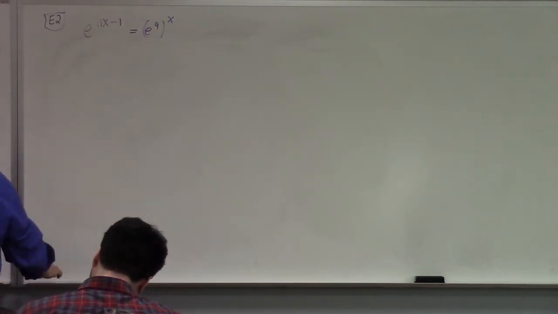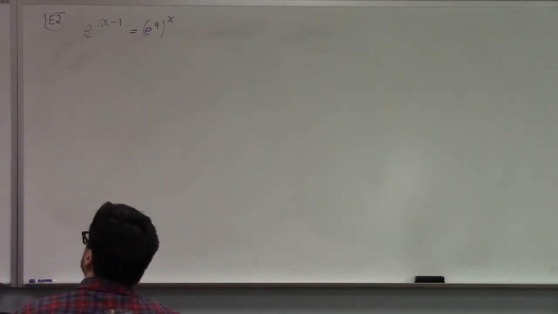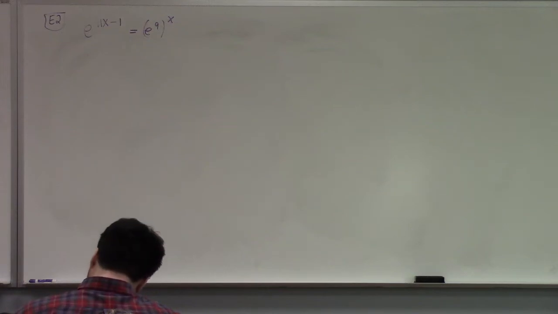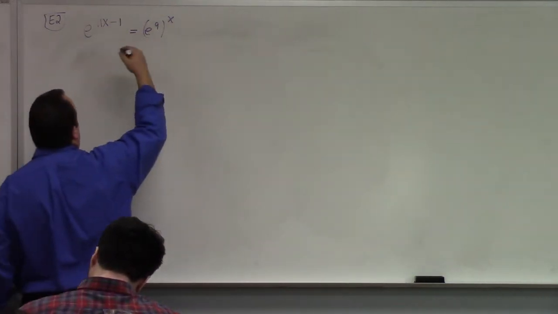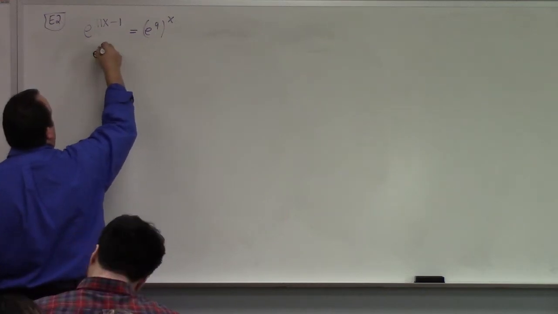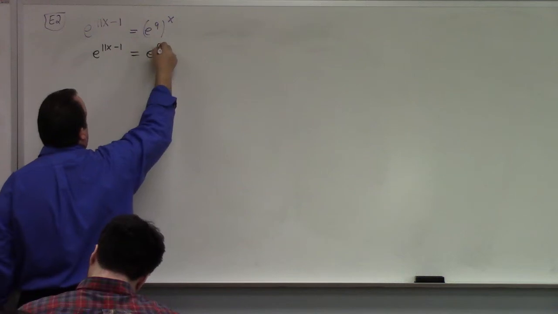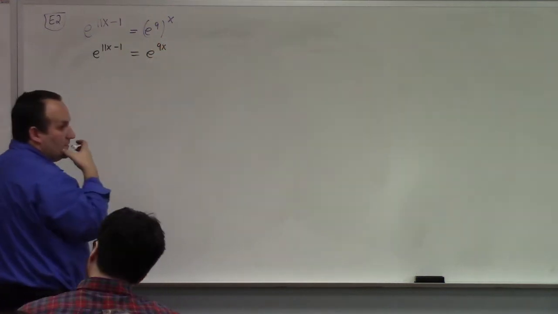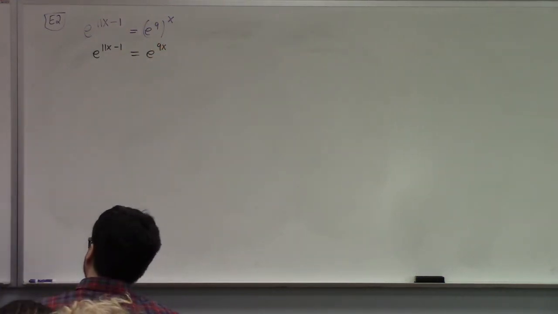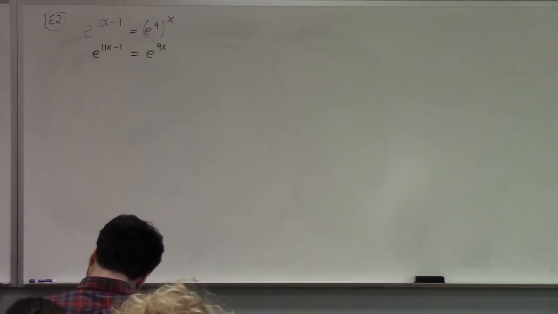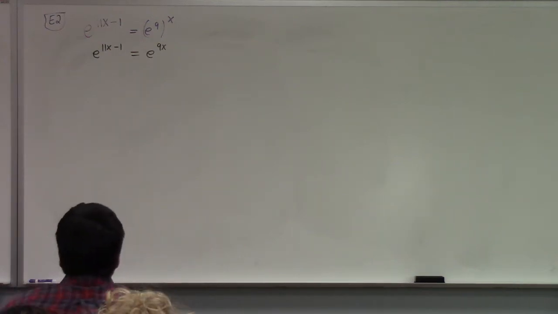So here we need to use the, oh, this reminds me, I still owe you guys a proof of the laws of logarithms, so we'll get back to that. But okay, so here we have e to the 11x minus 1 equals e to the 9x, right? And then we can either use the one-to-one property for the exponential, or if you like, we could take the natural log of both sides.